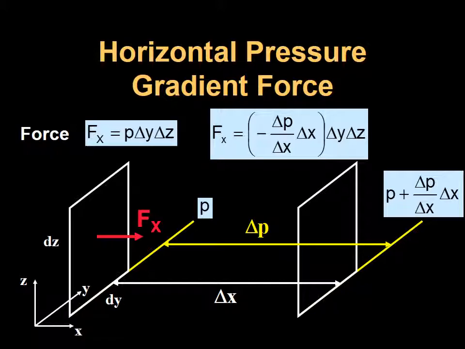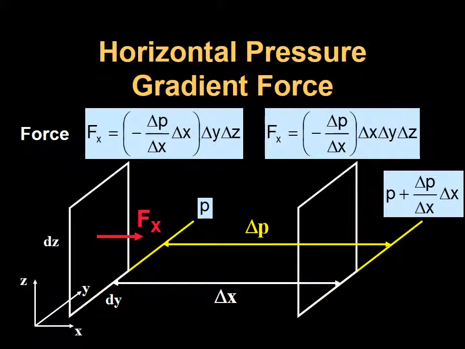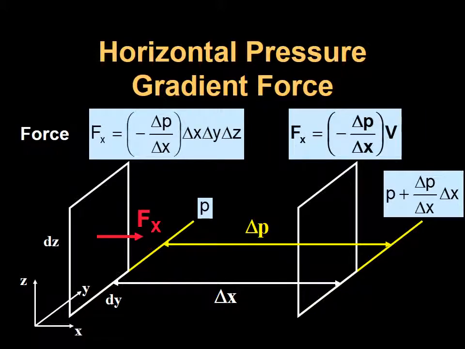That gives us how much pressure has changed, multiplied by delta y and delta z will give you the force. We're going to rearrange this equation a little bit. We're going to pull out that delta x, and that leaves us with just the delta P delta x in the parentheses, and I forgot the minus sign there. And on the outside we've got delta x, delta y, delta z. That's a length and a width and a height. When you multiply length times width times height, that gives you volume.